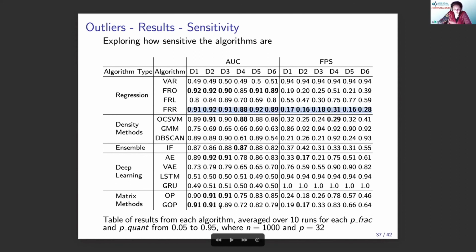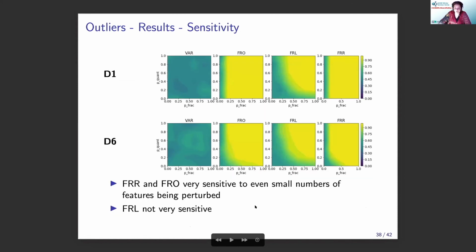Now, for a few of the data sets, autoencoders, Outlier Pursuit, graph regularized Outlier Pursuit, and one-class SVMs are quite comparable. They do pretty well. But across the board, the most generally applicable does appear to be the new regularization algorithms. As you can see, both D1 and D6 are very, very successful.